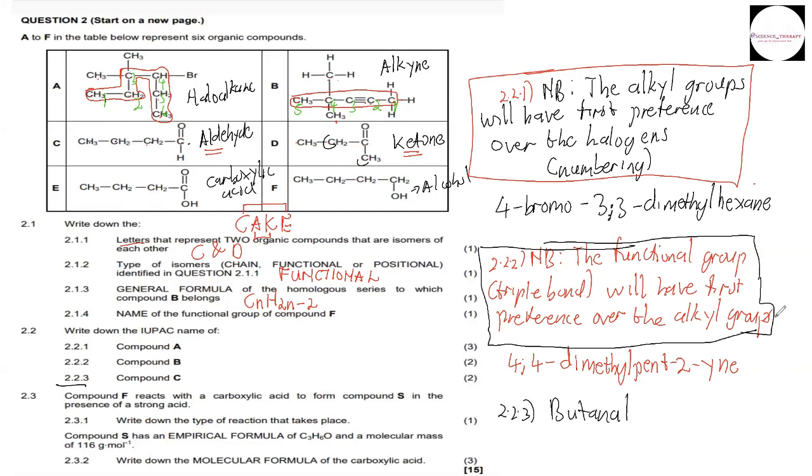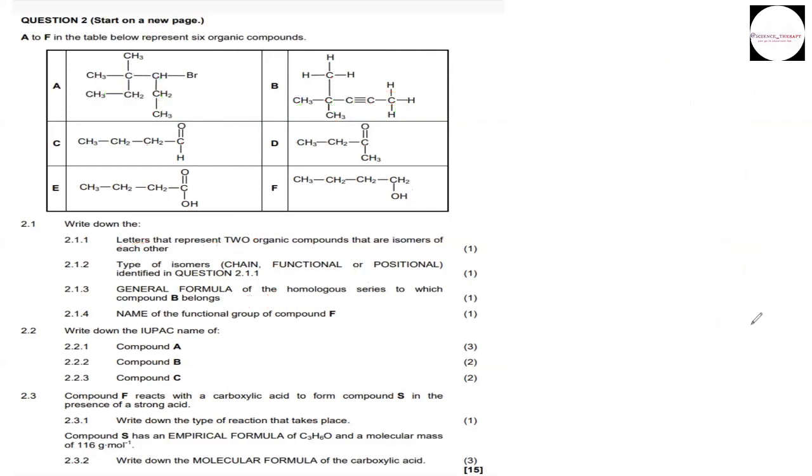Let's proceed to 2.3. 2.3 says compound F reacts with a carboxylic acid to form compound S. So compound F, where do we see compound F? We said compound F is an alcohol. It reacts with a carboxylic acid. Now we already know what's going on.